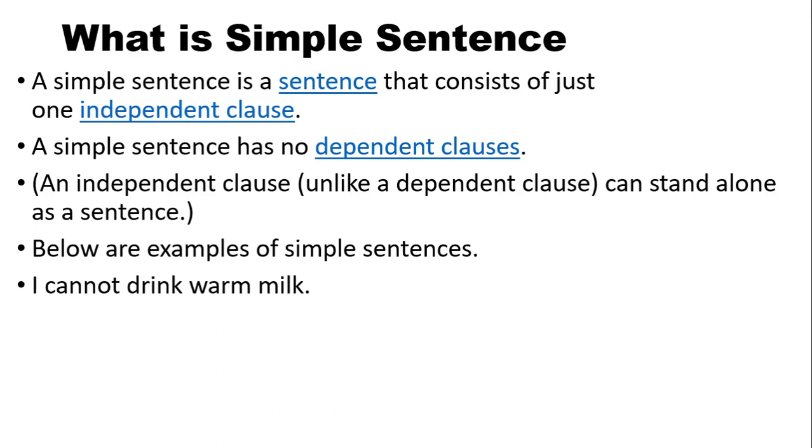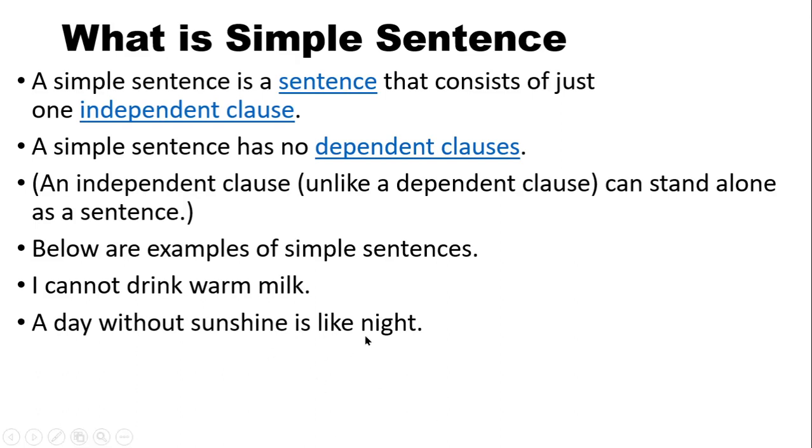I cannot drink warm water. So here we have only one clause which is totally independent. I mean, this sentence can express its meaning by itself. That's why this sentence is independent, and this is a kind of simple sentence, right? So look at this sentence. Here we have another example. A day without sunshine is like night.